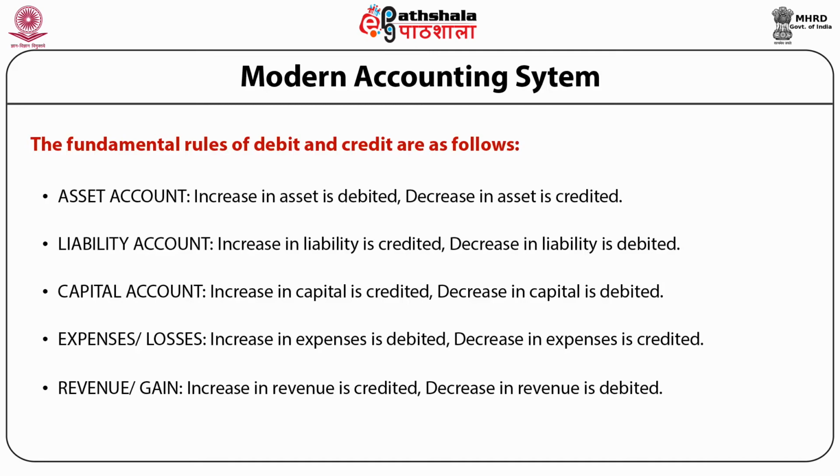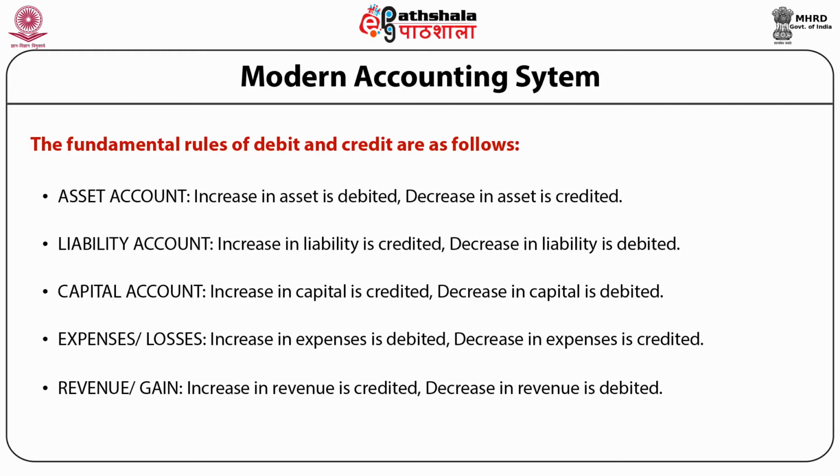Therefore, bank account is debited. As there is a decrease in cash, cash being an asset will be credited because decrease in asset is credited. So entry which we will make is bank account debit rupees 4 lakhs to cash account rupees 4 lakhs.